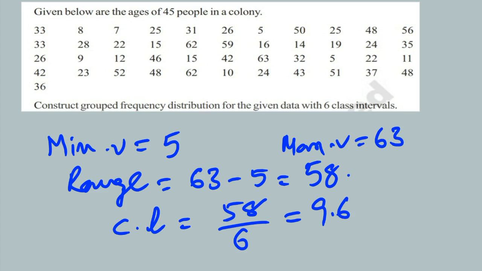I told you already, if the class length is in decimals, we approximately select the next number, that is 10. So finally we got the class length as 10. Now that we know the class length and the number of class intervals, we are going to construct the distribution table.